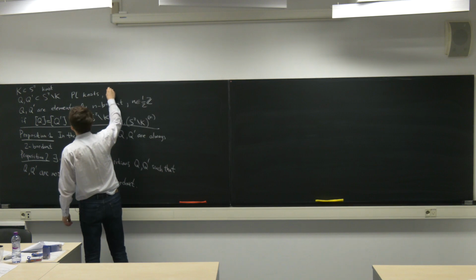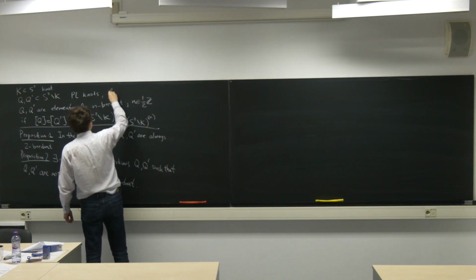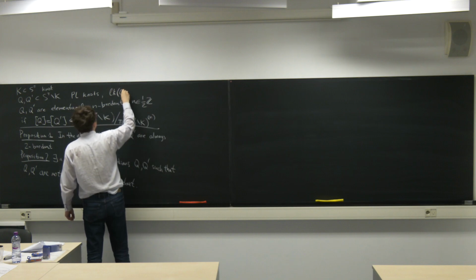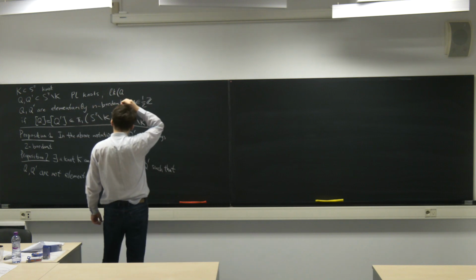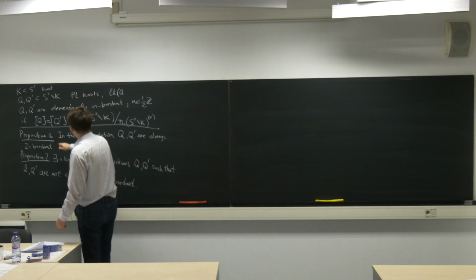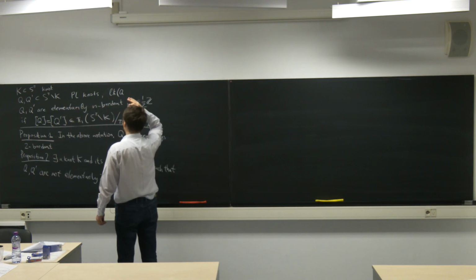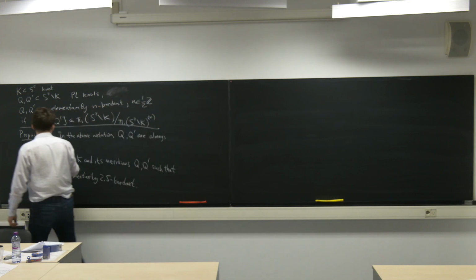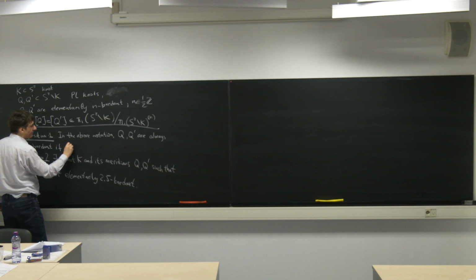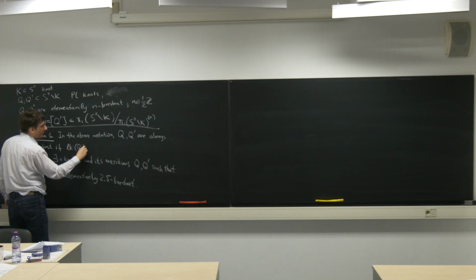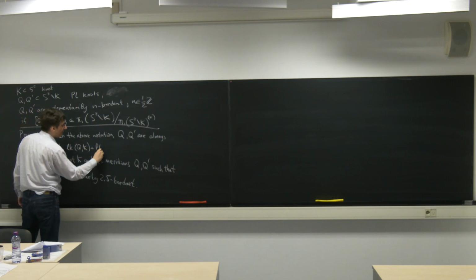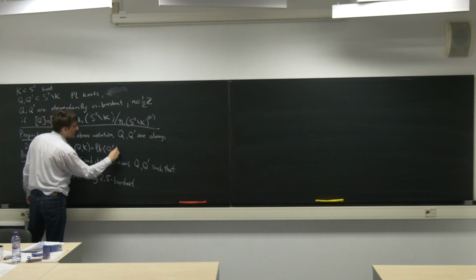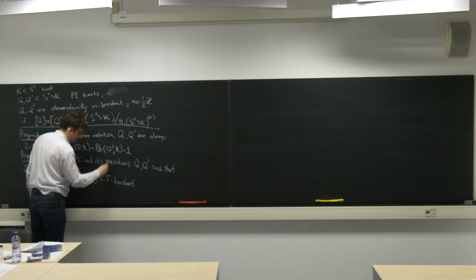Sorry, I didn't say, I think I should say here that the linking number of Q with K and the linking number of Q prime with K equals 1.